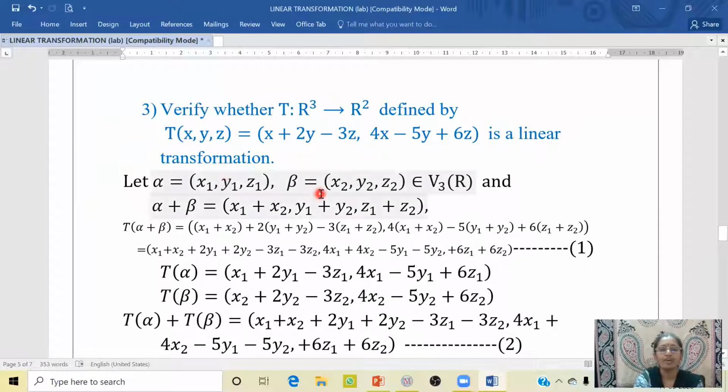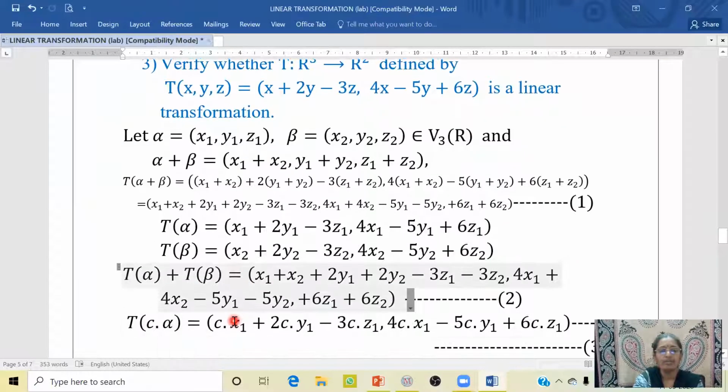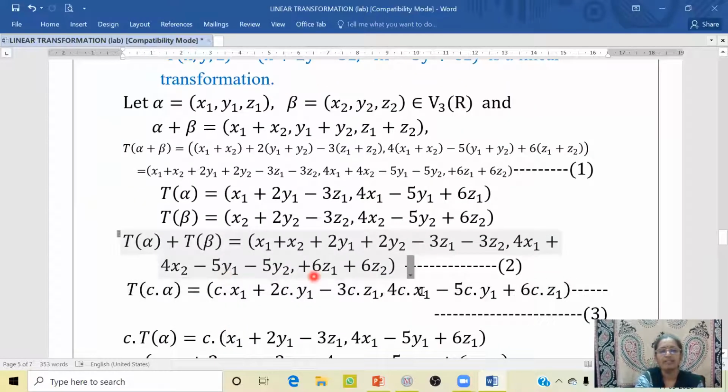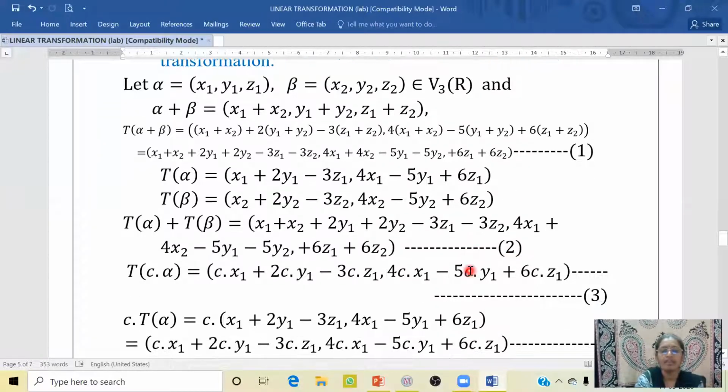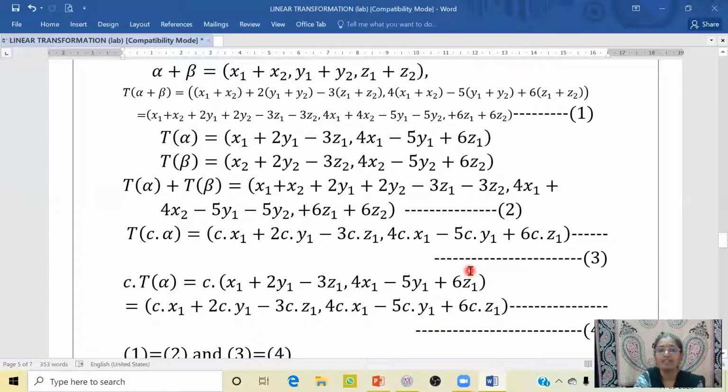So let us choose two elements alpha and beta, add alpha and beta, apply T on alpha plus beta. So this is the first expression. Next, you find out what is T of alpha and T of beta. Add these two to obtain T of alpha plus T of beta and name that as the second expression. When you compare the first and the second, we can see that they are one and the same. Therefore, T satisfies the first condition of the linear transformation.